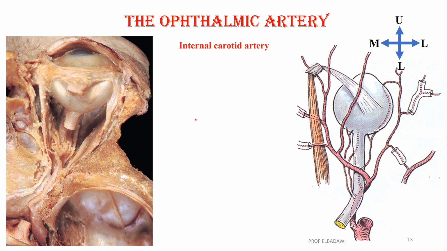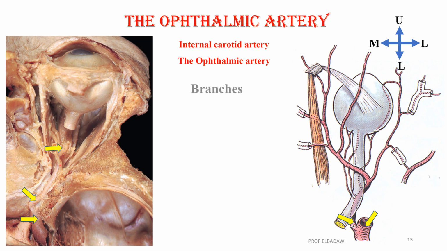Here is a summary of these branches. That is the internal carotid artery, which will give off the ophthalmic artery. That is the ophthalmic artery here, which comes through the tendinous ring with the optic nerve.